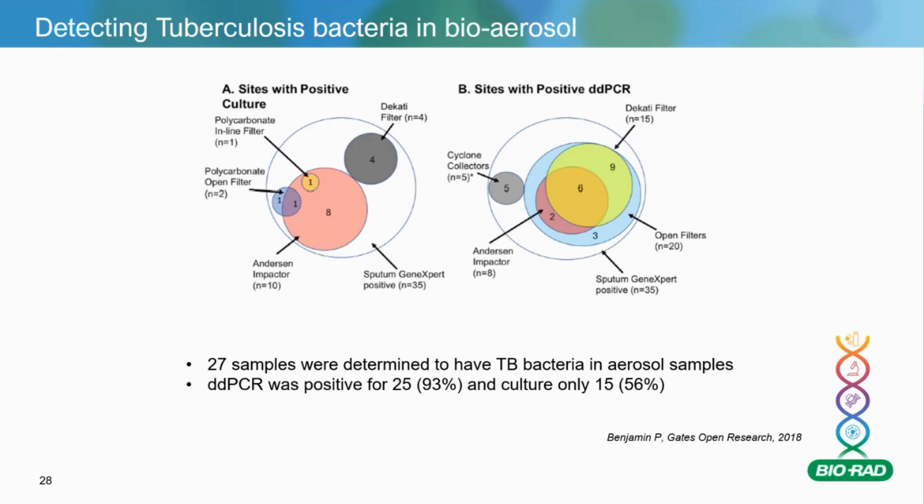They sampled at 28 liters per minute for 10 minutes. And then the mean was 2.5 CFU for each patient. So here you can see that only the ddPCR was able to detect the aerosolized TB bacteria that was present in these patients from just sitting in the room. So quite an interesting study as well.